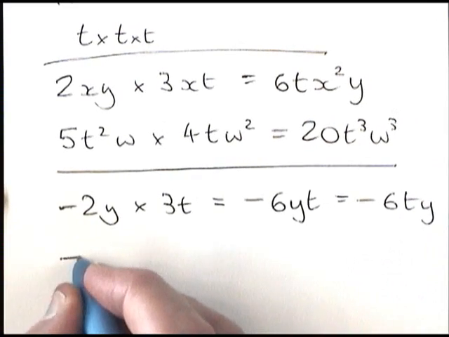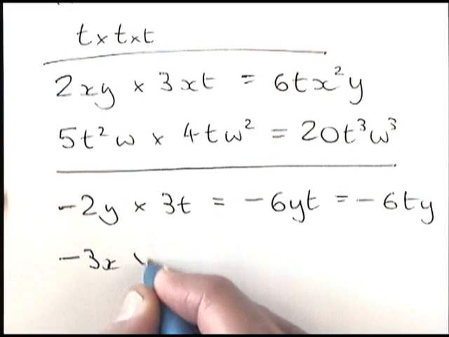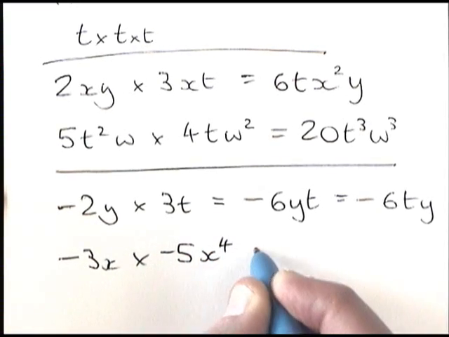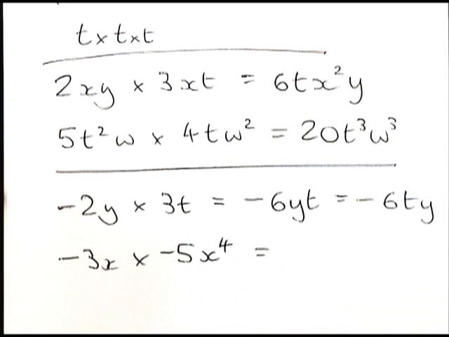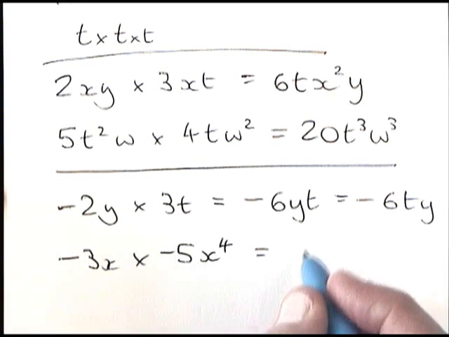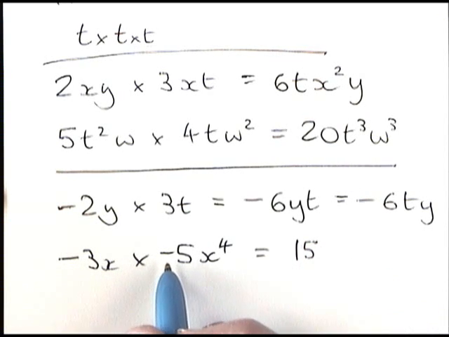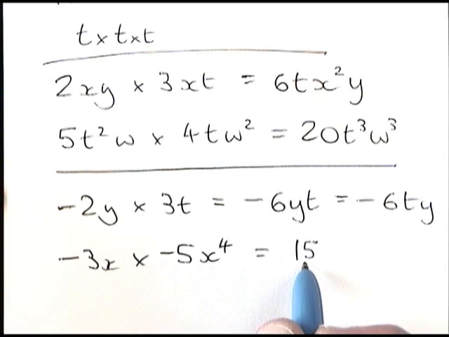Look at another one. Minus 3x times by minus 5x to the power of 4. Let's deal with the numbers first of all. That's minus 3 times by minus 5. The 3 times by the 5 is 15. And a minus times a minus makes a plus. So that's plus 15.